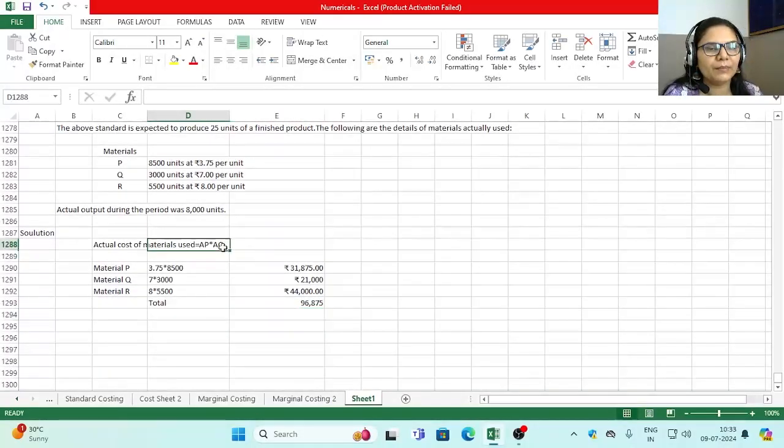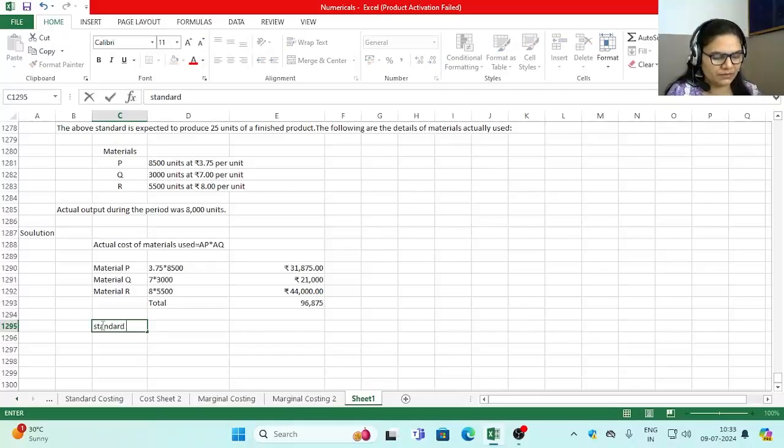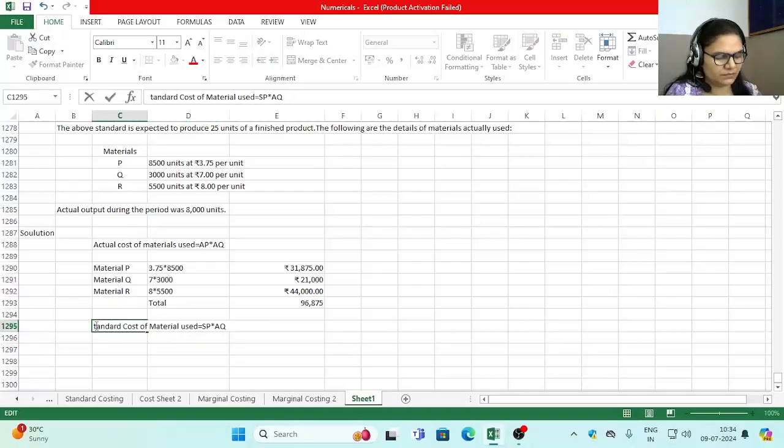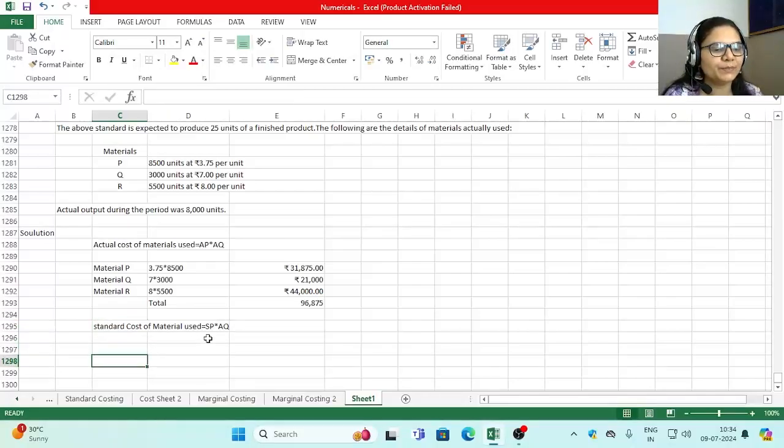Now AP into AQ we have calculated. Next is standard cost of materials used, which is equal to SP into AQ.